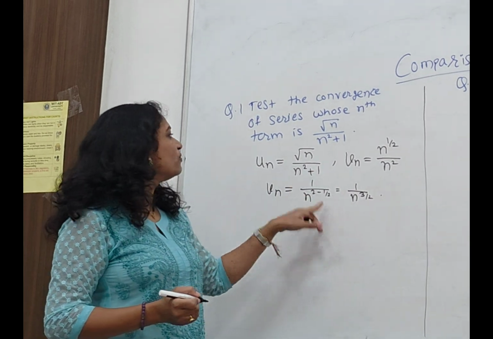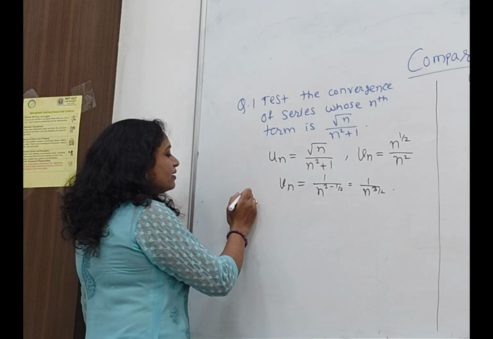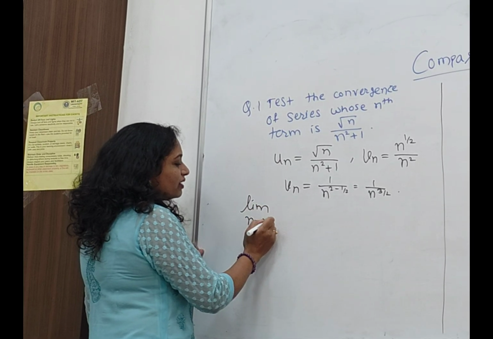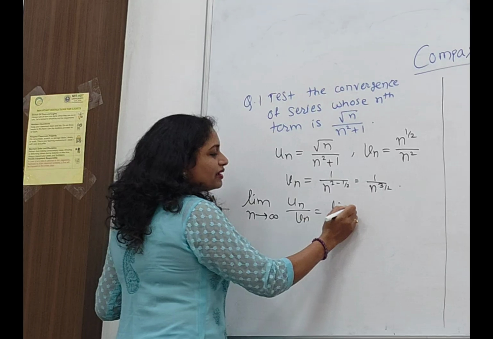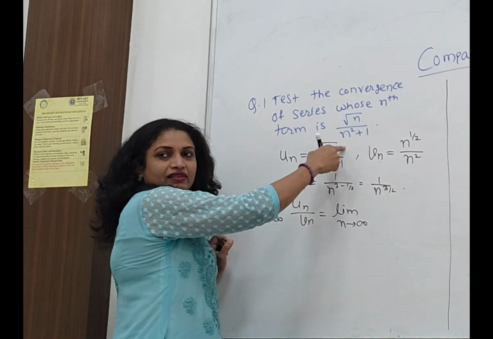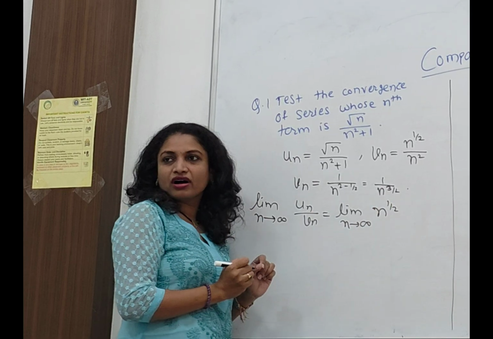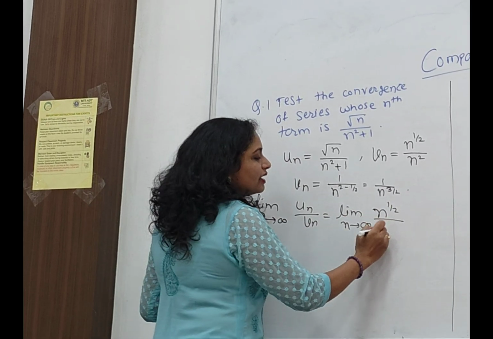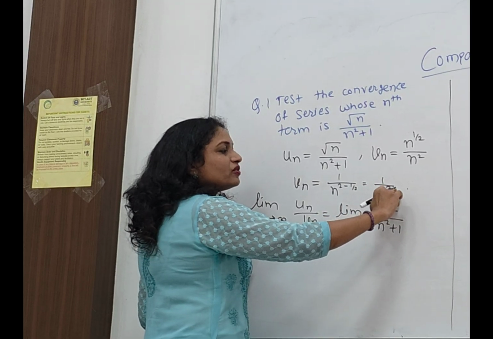Once you get Bn, you need to take the ratio's limit. Limit as n tends to infinity of Un upon Bn equals limit as n tends to infinity. Un is root n, so I can write it as n raised to half upon n square plus 1, whole upon n raised to 3 by 2.